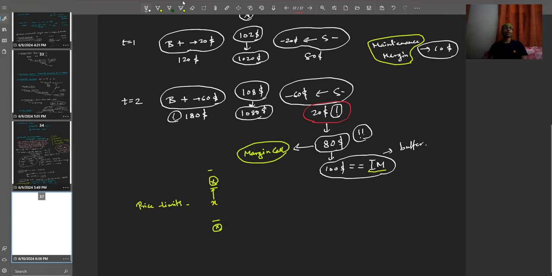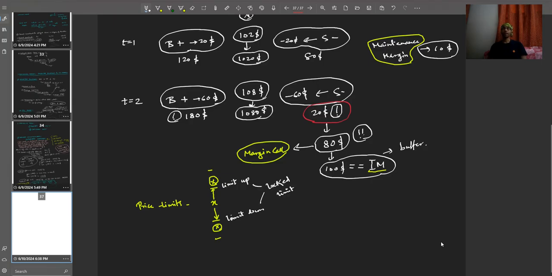This phenomenon is called limit up, and the trading stops. Similarly, if somebody wants to trade at some price like this, the price hits the limit downwards. This is called limit down. And here also the trading stops. Now the stoppage of the trading is called lock limit.